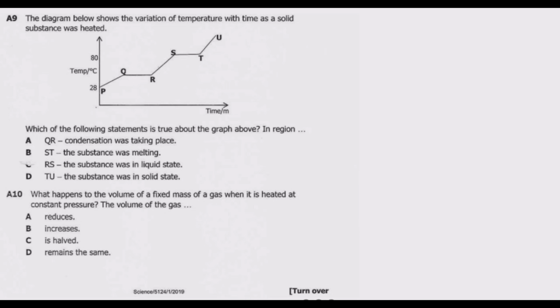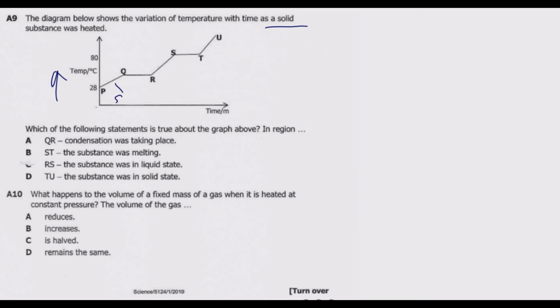Which of the following statements is true about the graph above in the region? So we can just know that basically at this point, remember the temperature is being increased. So temperature is increasing, and this is starting from a solid. So the first one, we know it's a solid.